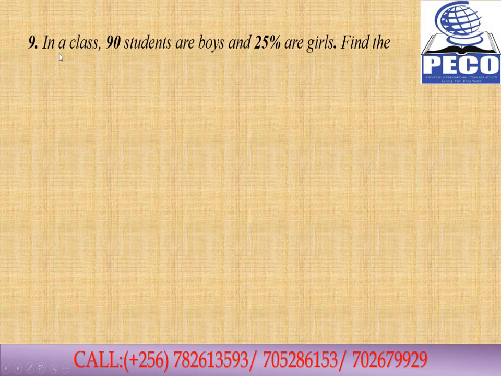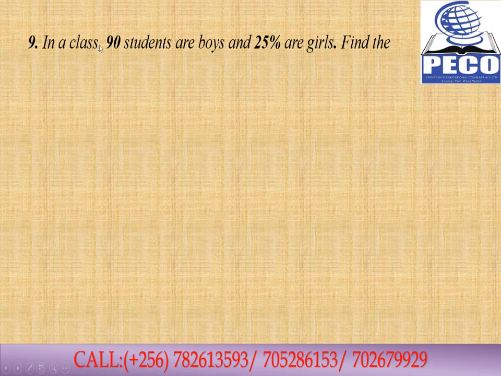So question 9: in a class, 90 students are boys and 25% are girls. We need to analyze that. In a class, 90 students are boys.